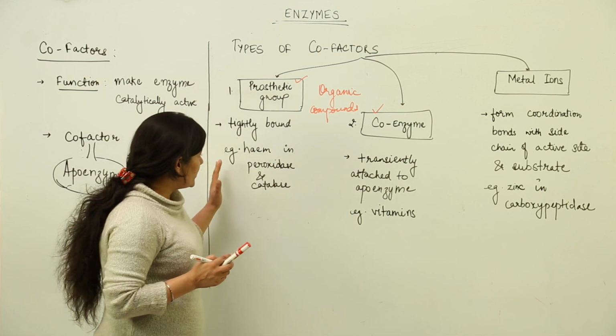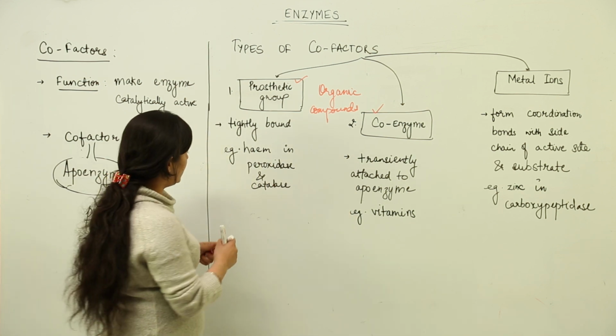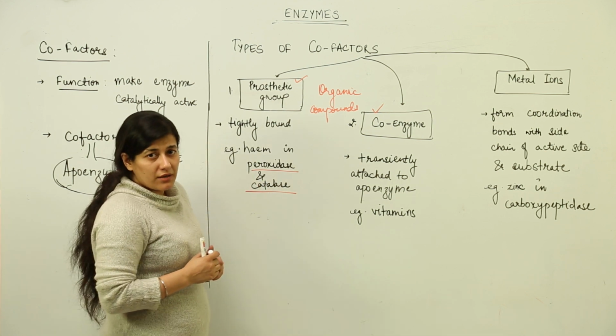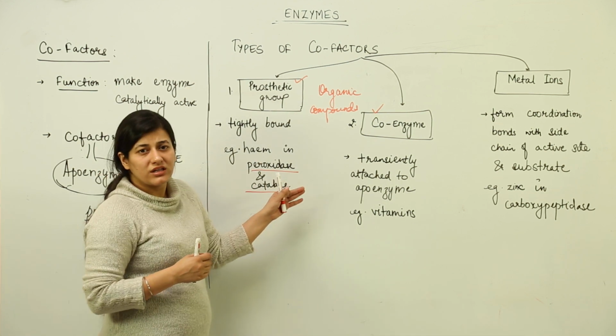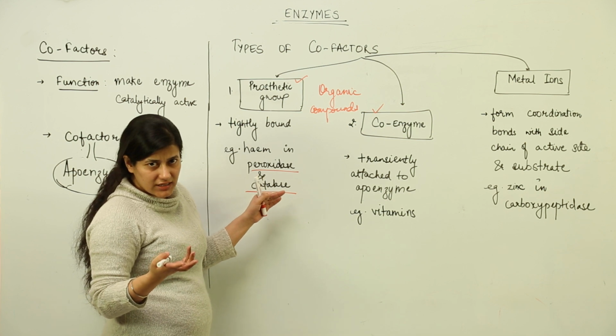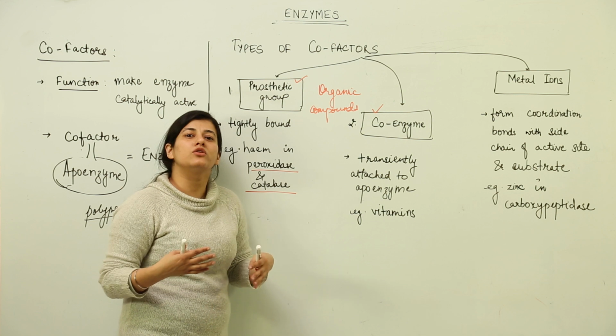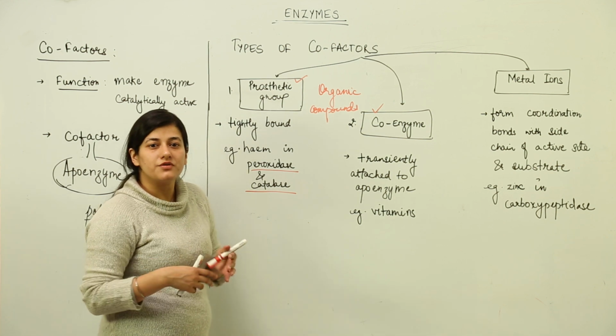Alright, for example, we know that peroxidase and catalase are very important compounds in our body. If peroxidase is not working, there would be poisoning inside our body, because hydrogen peroxide is a toxin which is released whenever oxygen is involved in the process of respiration.